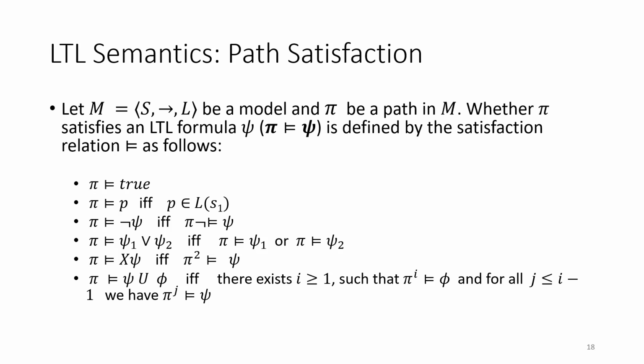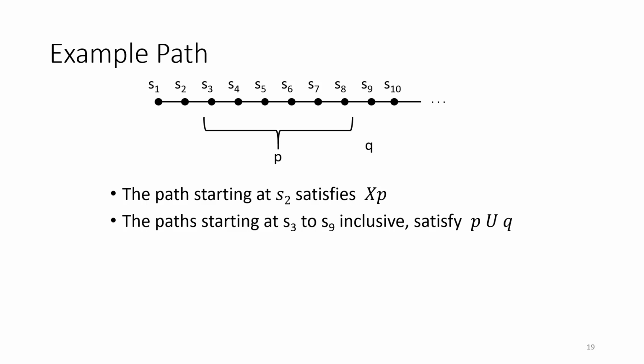Okay, so two temporal operators, the next and the until, and we know how to handle them. Now, let's look at some more examples. So we could label this sequence of states, and then we say here, this atomic proposition P is a label of S3 to S8, and Q is a label only of S9. So now let's look at the path starting at S2.